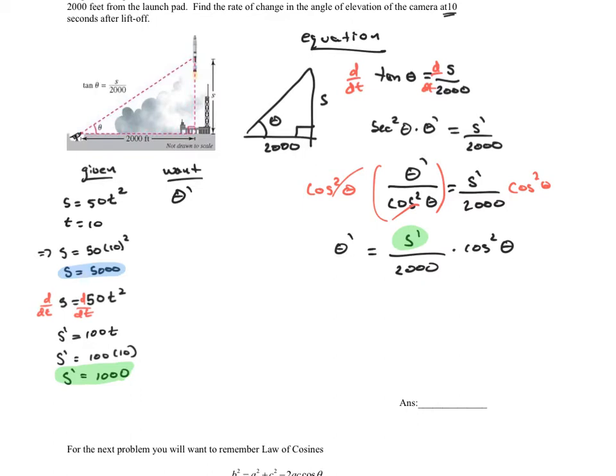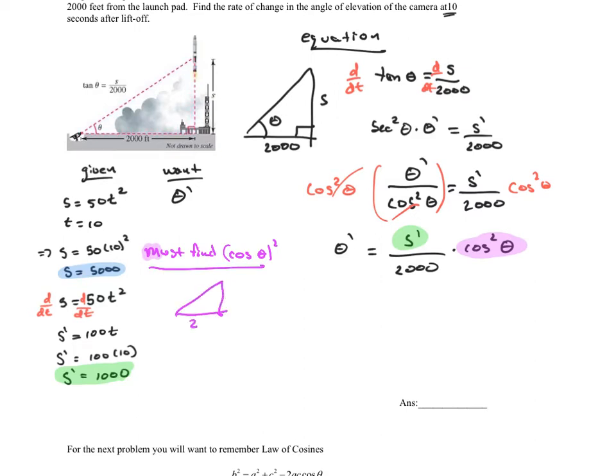Or do I? So let's go back to the triangle at that given moment. We must find cosine of theta and then square it, right? So look at that triangle.